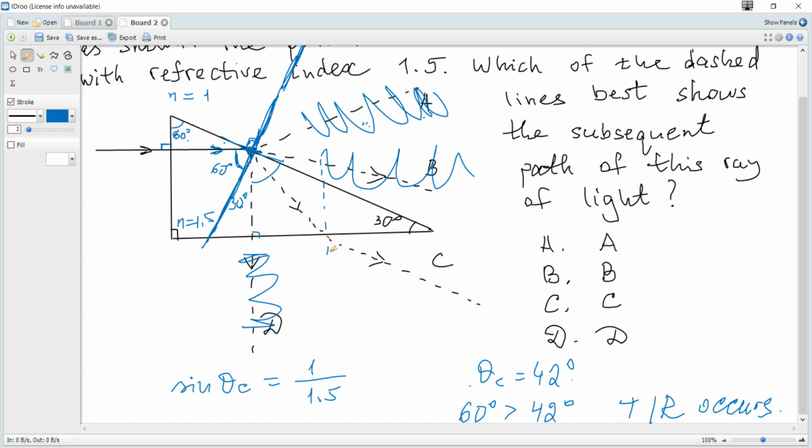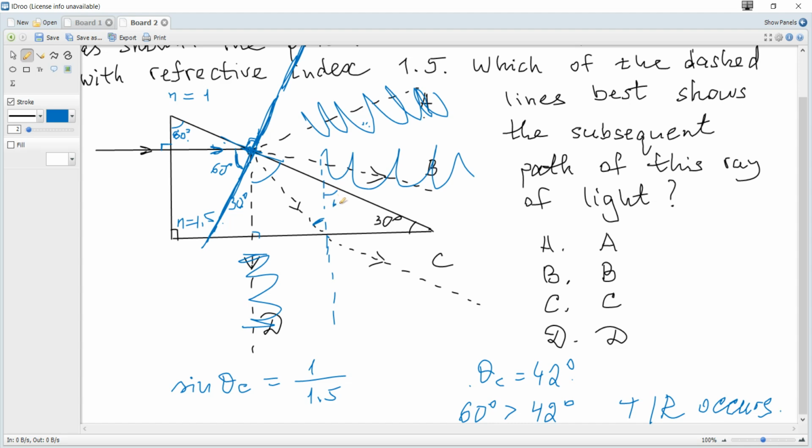I just want to check again: if this angle is smaller than 42, it will be like this. If this angle is larger than 42, total internal reflection occurs at the glass-air interface, the surface. And what about the angles?